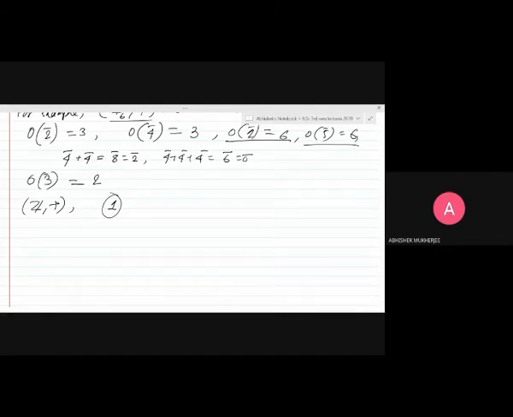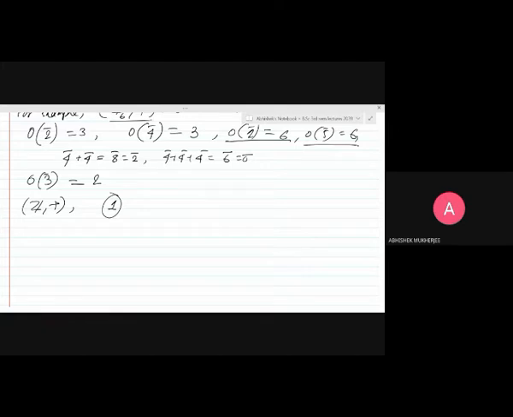There exists no positive integer k for which adding 1 up k times will give you the additive identity 0. So that means this one has order infinity. Or if you look at -1, the same thing is happening. Not only that, if you take any nonzero element of Z, any integer, it doesn't have any finite order.